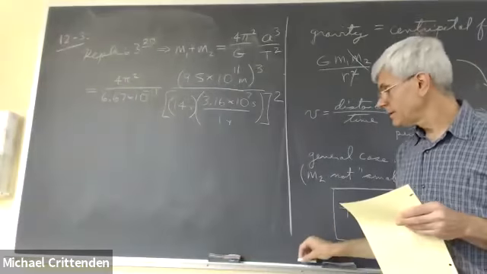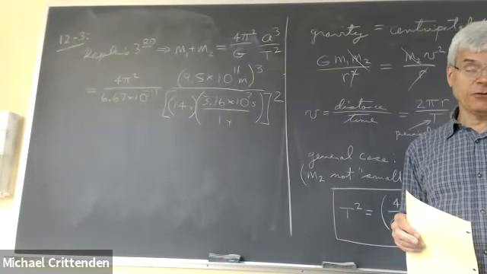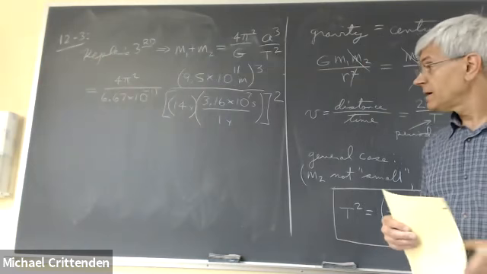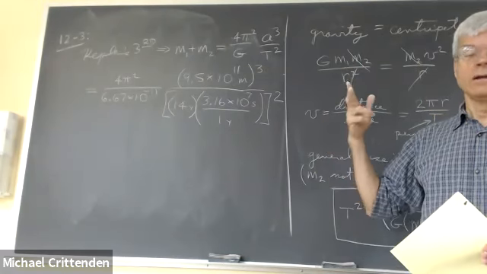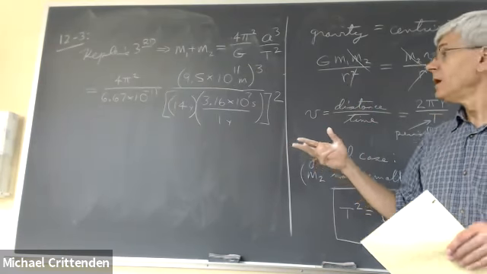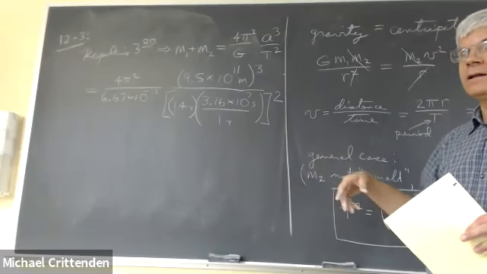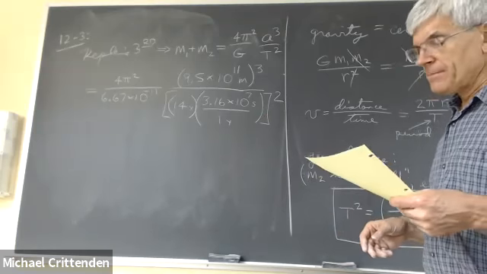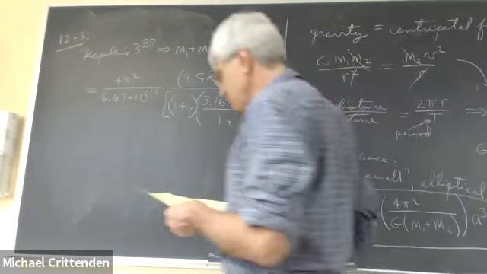Number of seconds in a year. I'm pretty sure it's something you can look up in the conversions table on the last page of your formula sheet. It's not that hard to figure out. This would be 60 times 60 times 24 times 365 and a quarter. Or actually 365.24 if you really want to nitpick. So that's the setup.